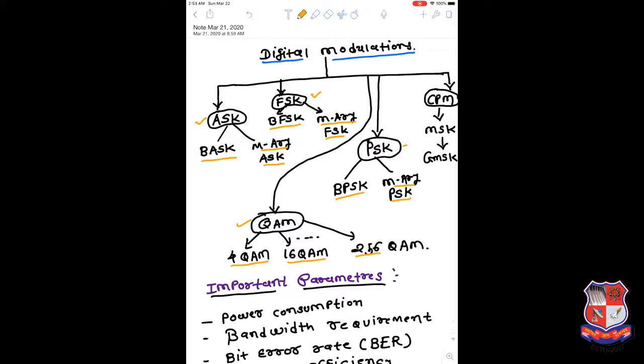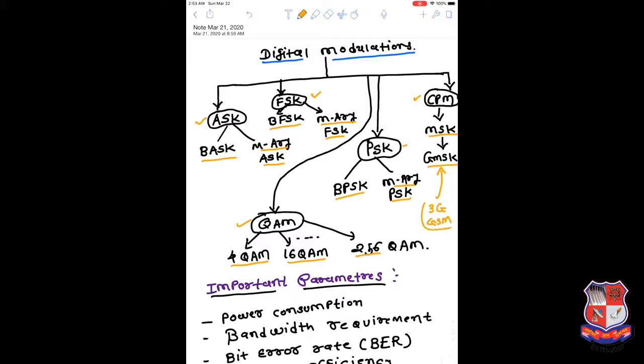Another important digital modulation scheme that we will learn is continuous phase shift keying, and we will learn the variants minimum shift key and Gaussian minimum shift key. This Gaussian minimum shift key is a very important modulation scheme, and it is widely used in the 3rd generation GSM system.